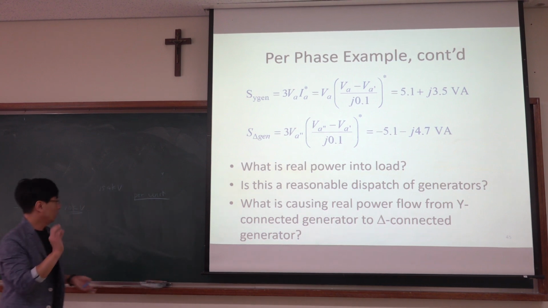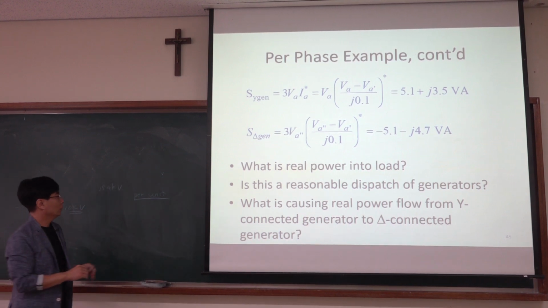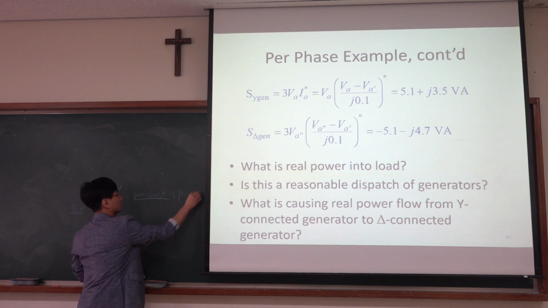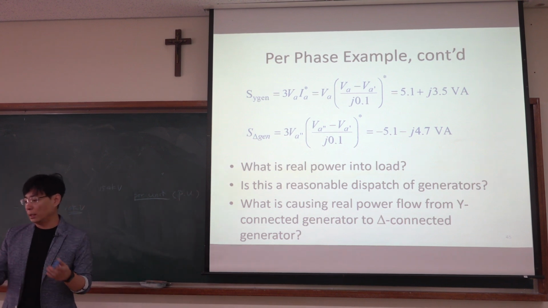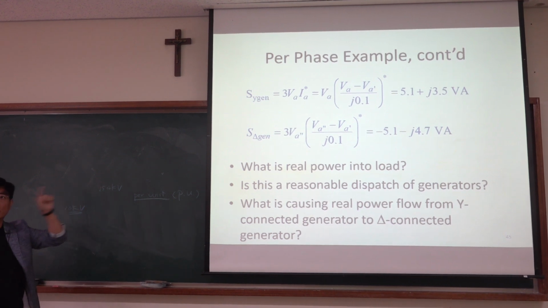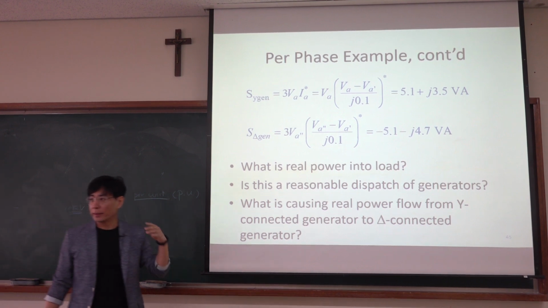Then you get the normalized value, and that value is called PU. So that's why in power analysis, the voltage magnitude is around 1.0, because we normalize that. Okay?